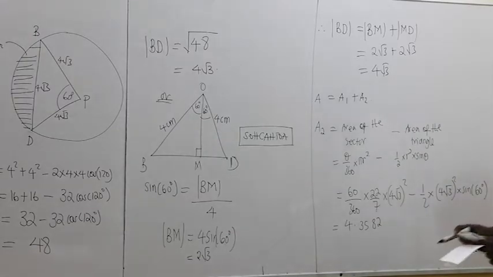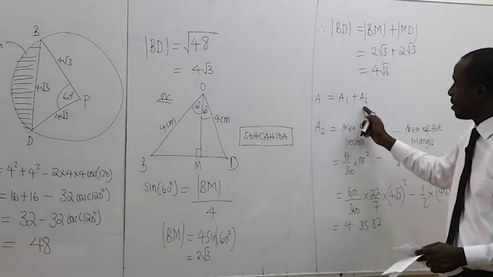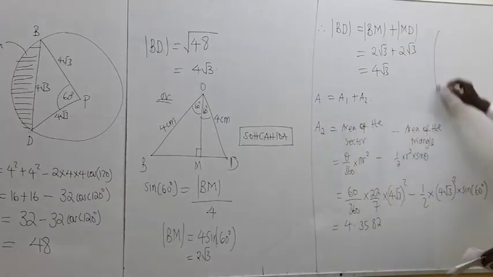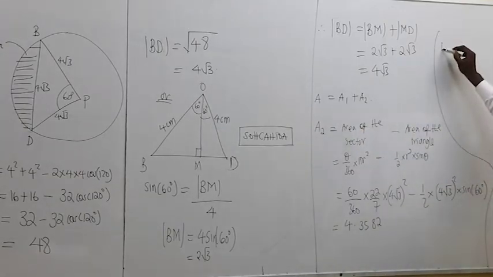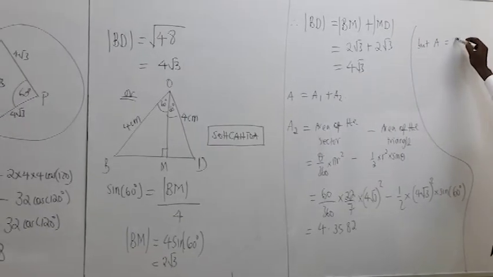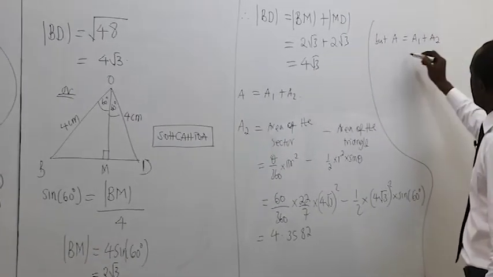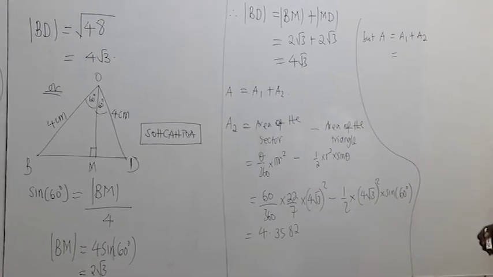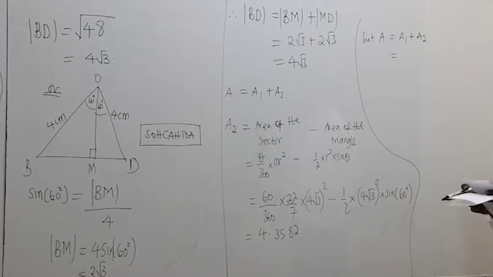So our total area, that's A1 plus A2. What is A1? What was the first area that we had?